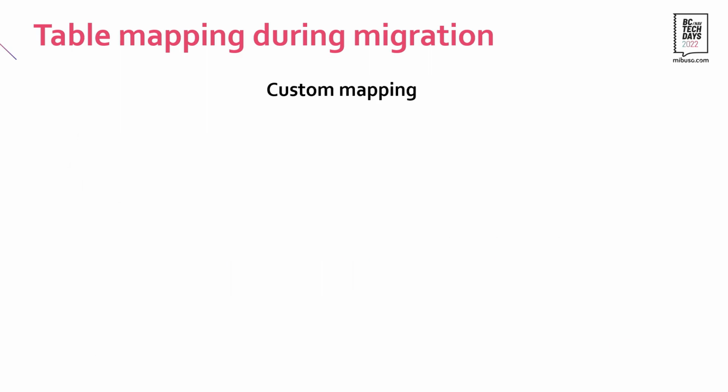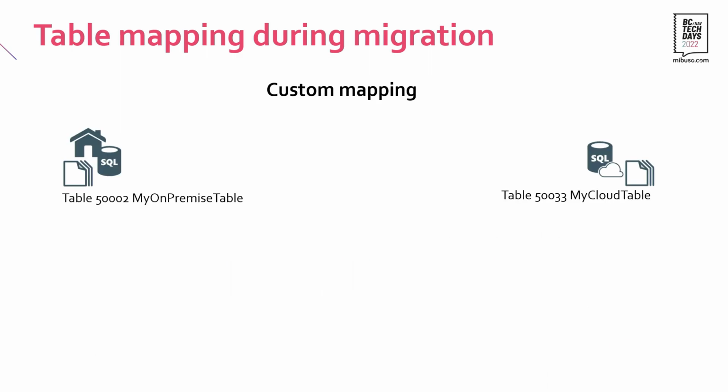Right. And if you have different tables, for example, if you have installed an extension and you were forced to use a 3-letter prefix, but you have data for it in the on-premise, just the table name is different, you still can migrate.